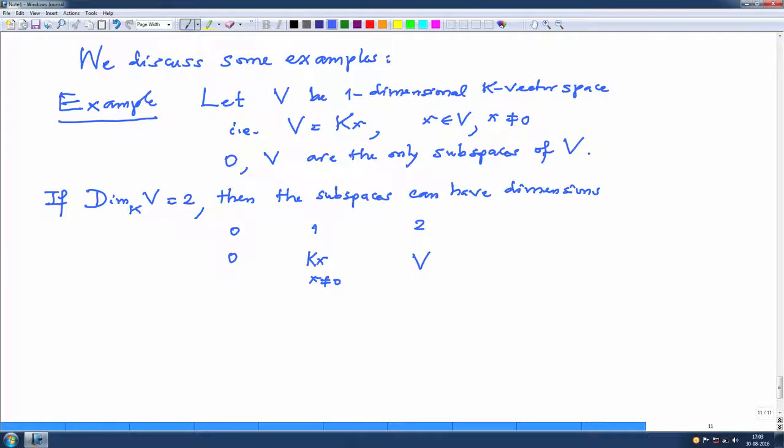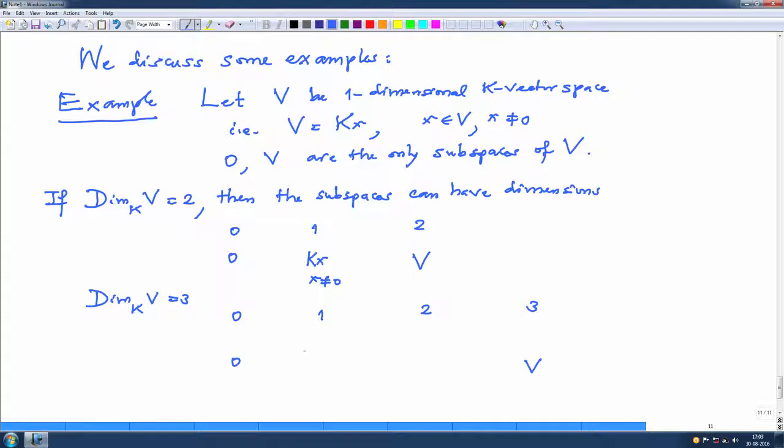Now, I want to generalize this further to arbitrary dimension. So, for example, just to get a feeling, if dimension is 3, then what are the possibilities for the dimensions of the subspaces? Either 0 or 1 or 2 or 3. The dimension 3 we know has to be the whole V. Dimension 0 also we know is the 0 subspace.